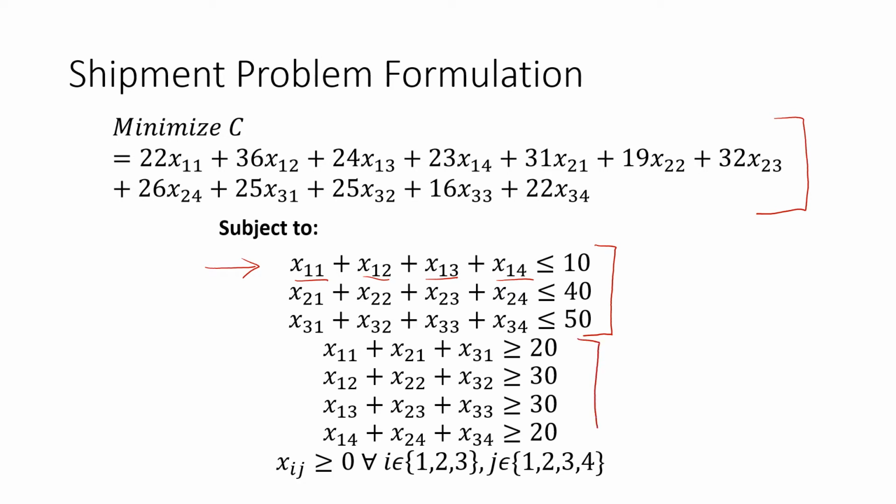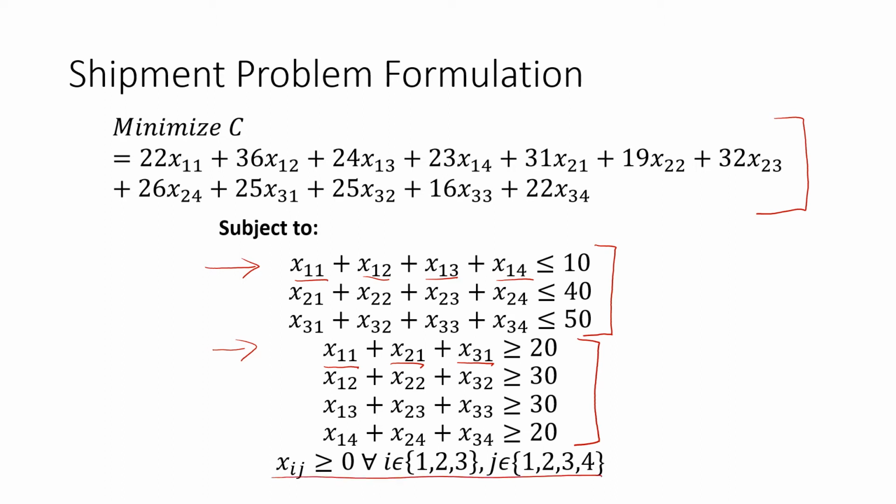The next 4 are the distributors. So the distributors have a certain requirement. For instance, distributor 1 says the amount of stuff that they get from warehouse 1 plus the amount they get from warehouse 2 plus the amount from warehouse 3 has to be at least equal to 20. They have to have at least 20 because 20 was their requirement.